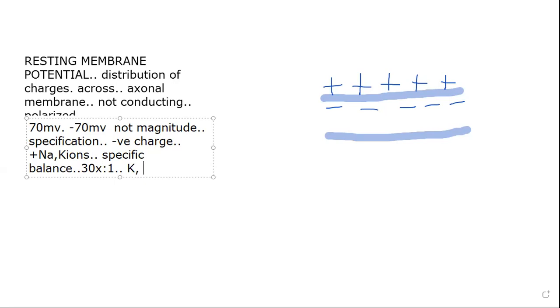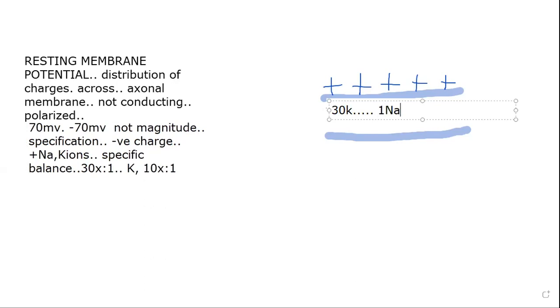Sodium is going to be 10 times greater as compared to the inside. That is, it is going to be 10 is to 1. Here, we are going to have 30 potassium inside, and 1 sodium.